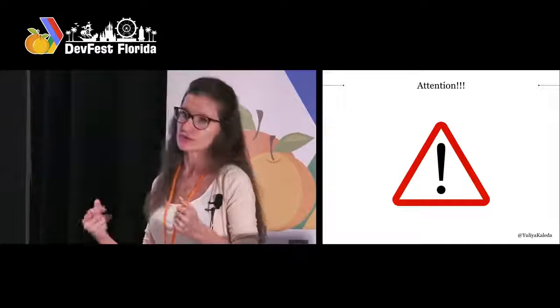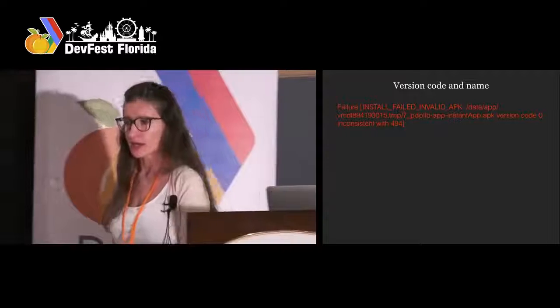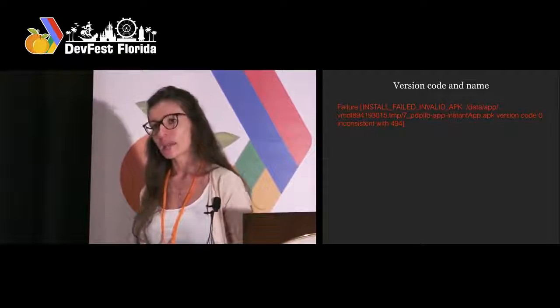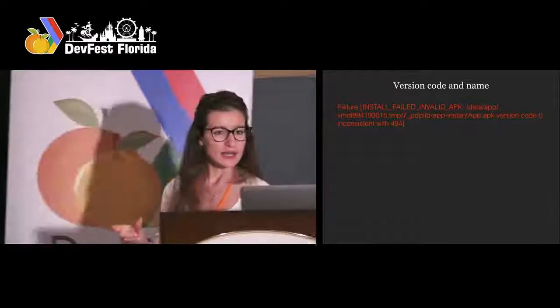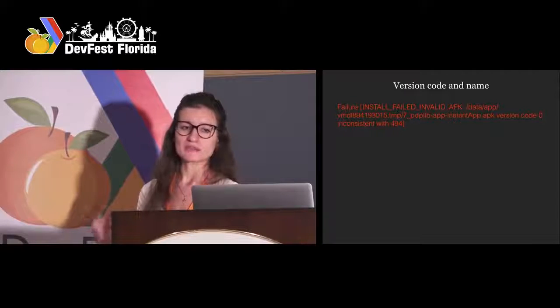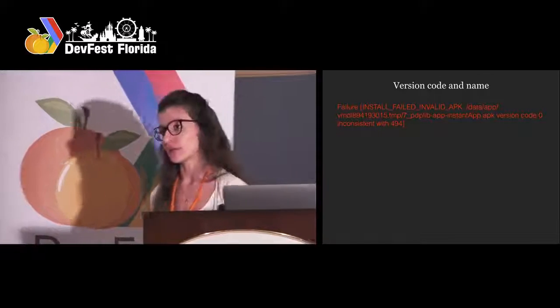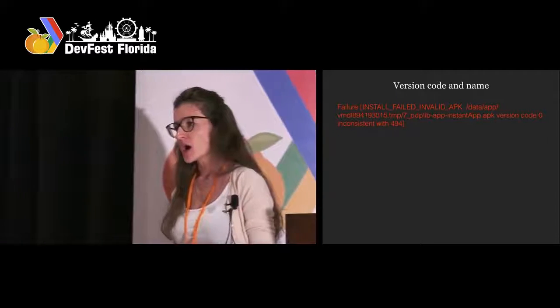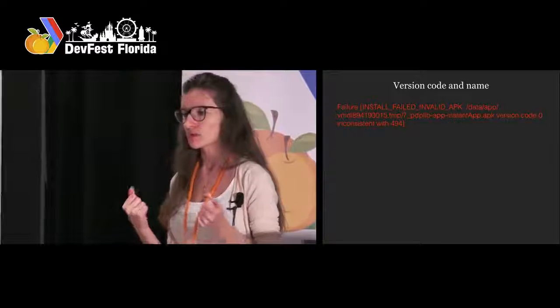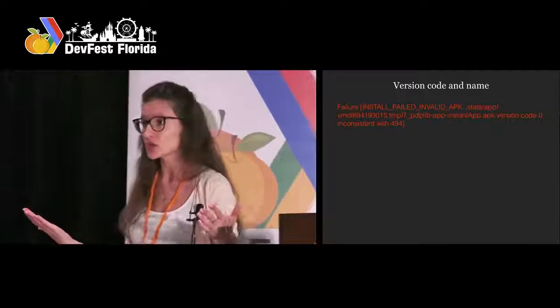Okay, so let's start with an error that we ran into when we were building Instant App. From the error, you can see that there is an inconsistency of version code being specified 0 in comparison with the version code 494. So why do we have version code 0? My first intuitive thought was, okay, maybe I didn't set version code.